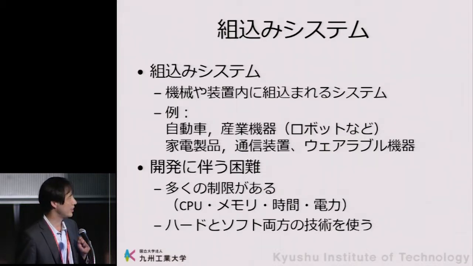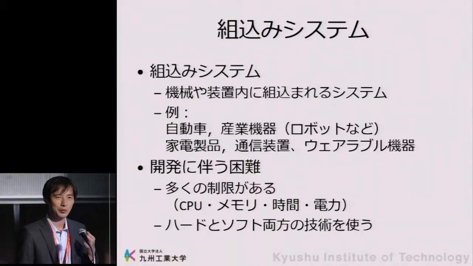However, there are a couple of issues. Because it is so small, CPU, memory, time, how we can process and execute speedily, and the electric power, these are the issues we need to consider during development.